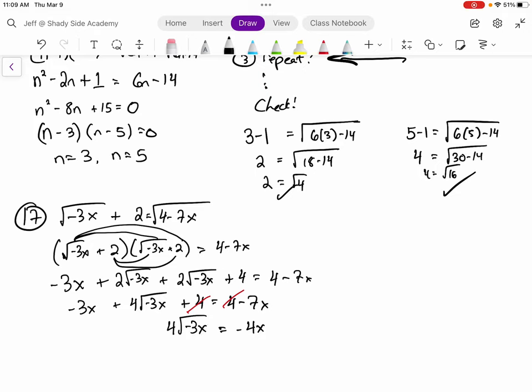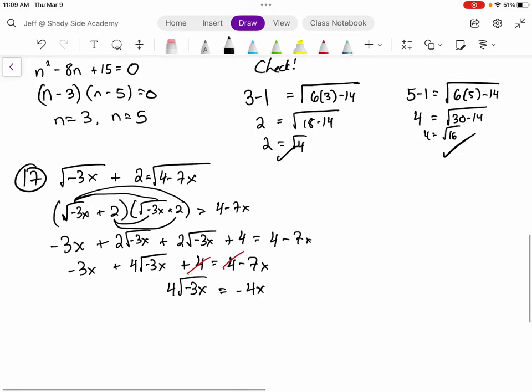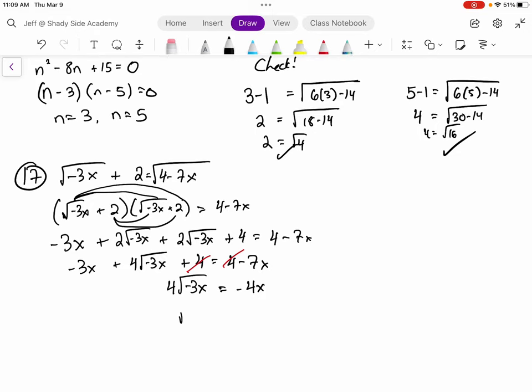Now, when I say isolate a radical, we don't actually have to divide by 4. Okay, you could square both sides right now. I am going to divide by 4, right? I'm going to divide both sides by 4. And I'm going to be left with something that looks like this. Okay, and now I want to square both sides again. So we square both sides again, and on the left, I'm going to get this times this, and on the right, I'm going to get this.